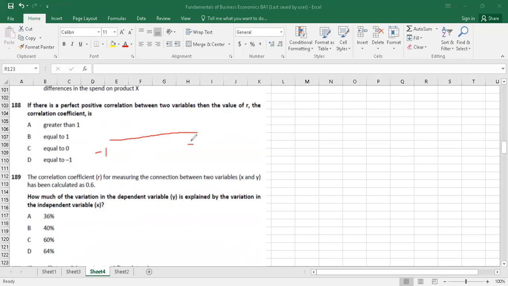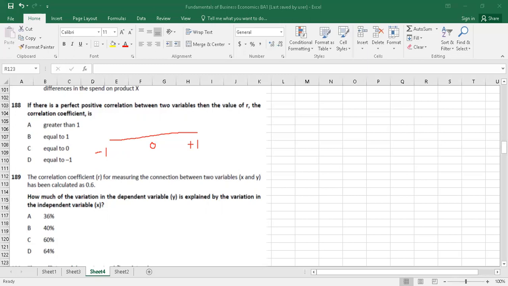So +1 is positive correlation, wherein increase in one variable will result in the increase in the other variable. -1 indicates that when one variable is increasing, we see that the other variable decreases. So that is a negative correlation. But if the value is 0, there is no correlation.